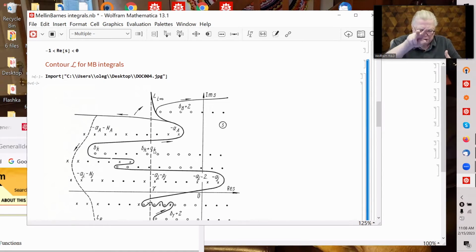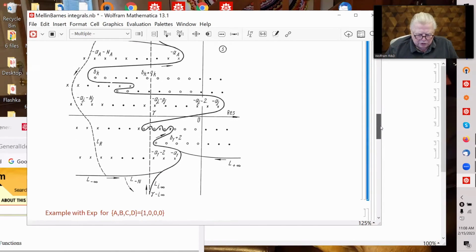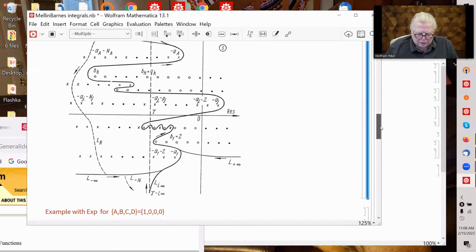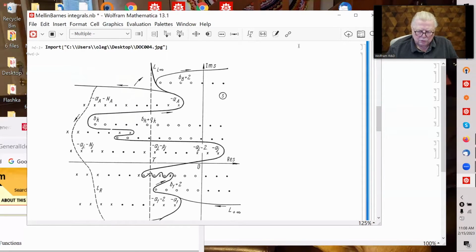Here we have a strip, and inside of this strip we can take a vertical line for integration. The right loop starts at this infinity, goes to here, and then goes again to right infinity. This is the left loop, starting from here, going around the left poles and going to this area.